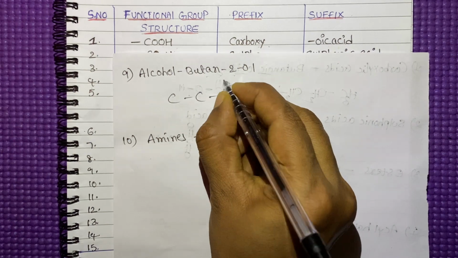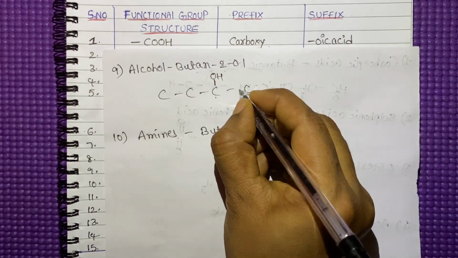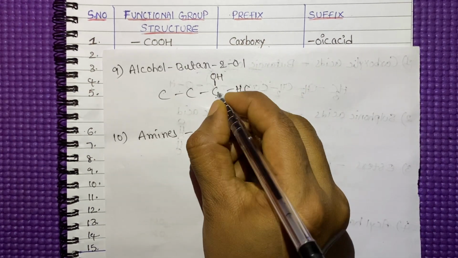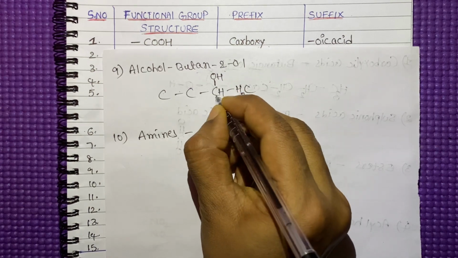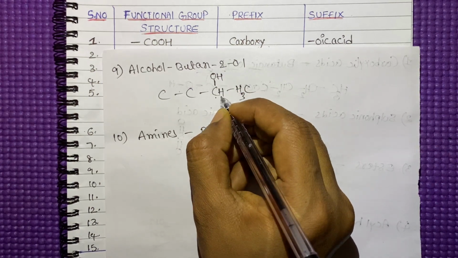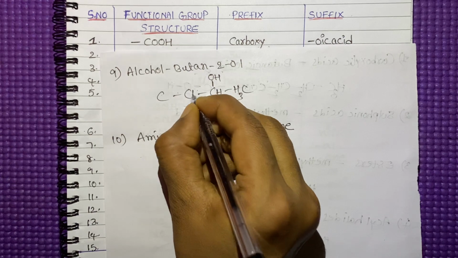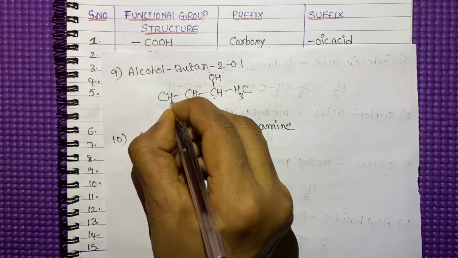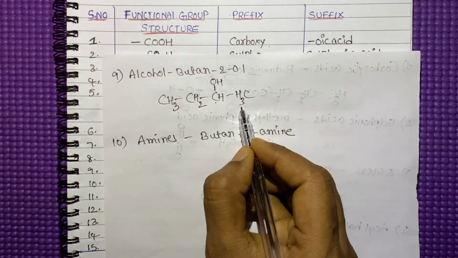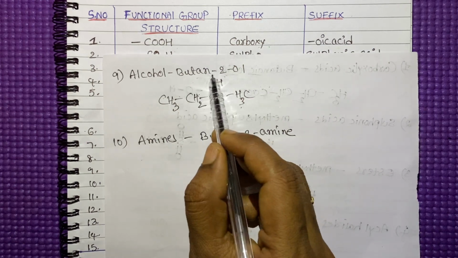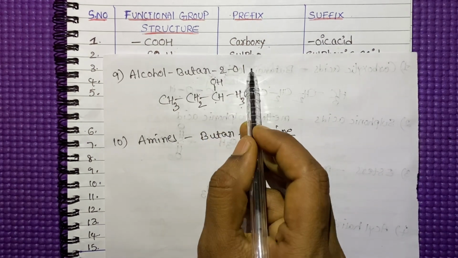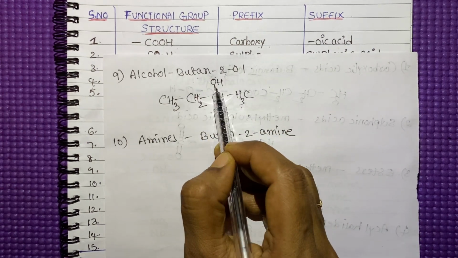So, you give the OH group here. Then you have to satisfy the carbons with the hydrogens. Already 3 bonds are there. You give 1 hydrogen here, 2 hydrogens here, 3 hydrogens. This is the structure of the alcoholic group. Butan-2-ol. In the second position, the alcoholic group is there.